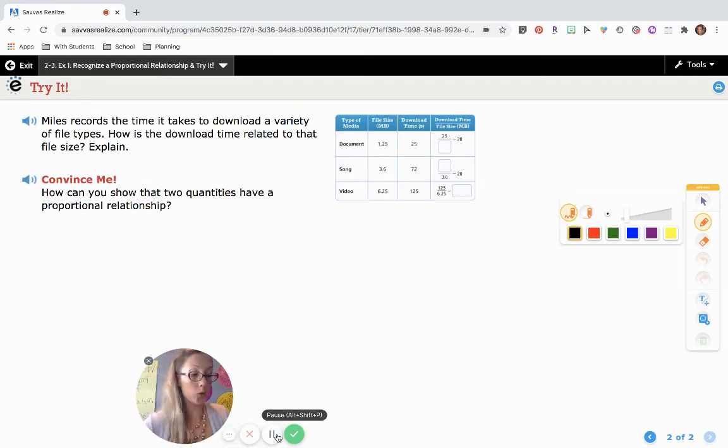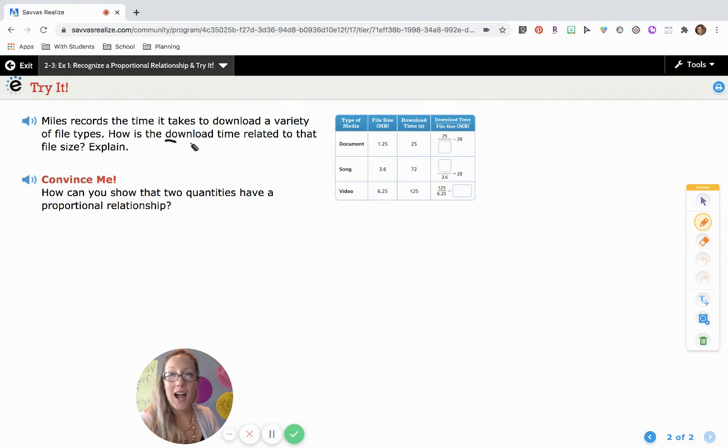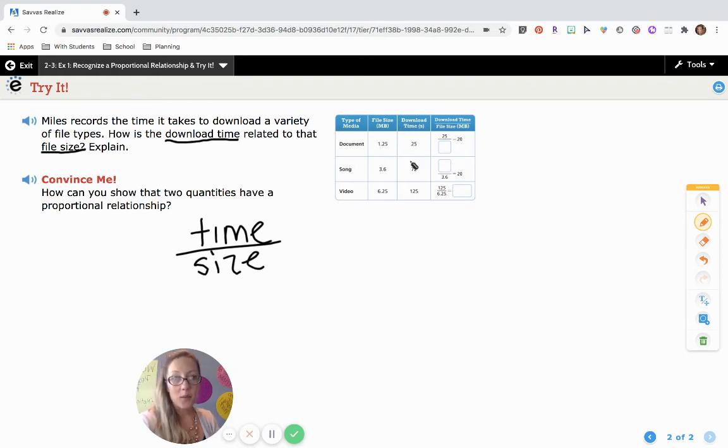Let's run through this one. This is the chart that's at the bottom of your page. Let's go to our question. We're looking for time to file size, so that means we should have time over file size. For a document, time is 25 seconds, time over file size.